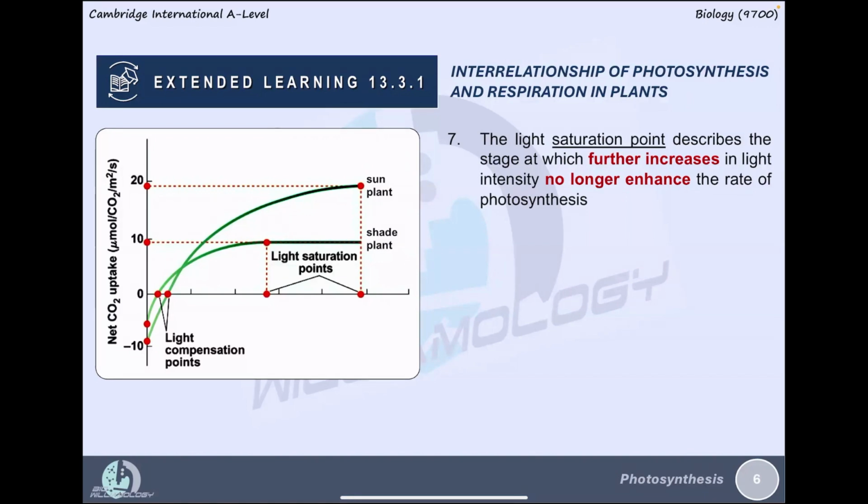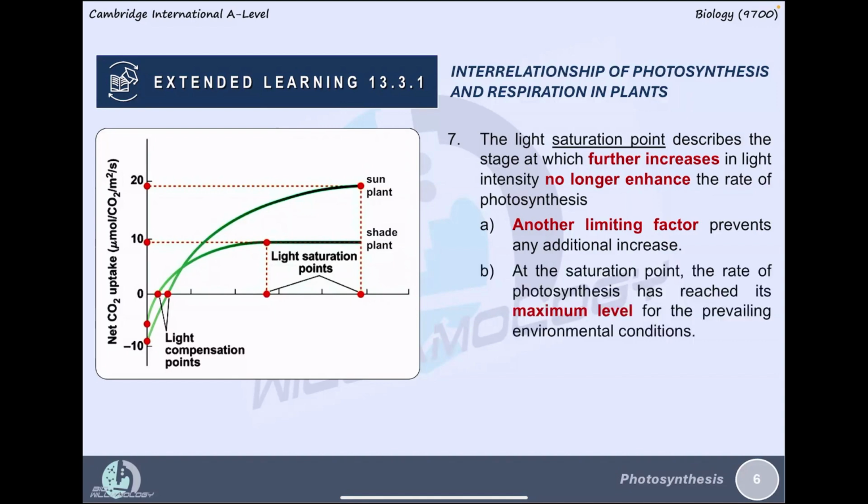So no point for us to increase the light intensity, and it won't generate extra income or increase the yield for the plant. We do know that another limiting factor prevents any additional increase. And at the saturation point, the rate of photosynthesis has reached its maximum level for these specific environmental conditions.